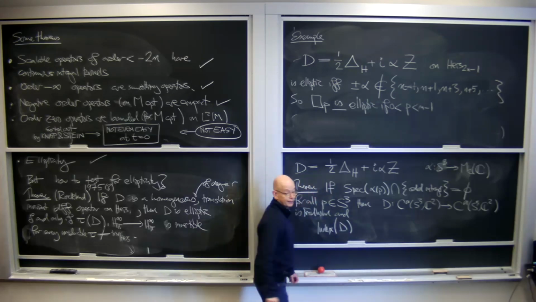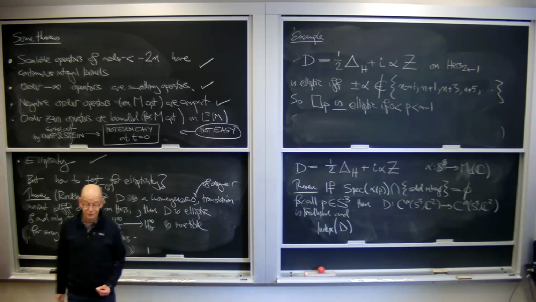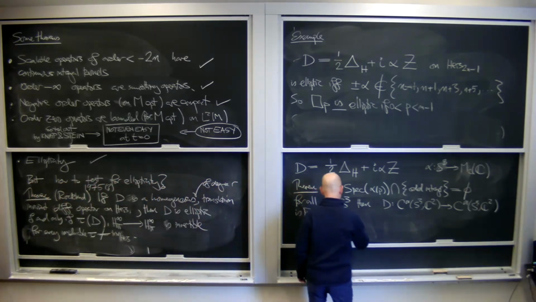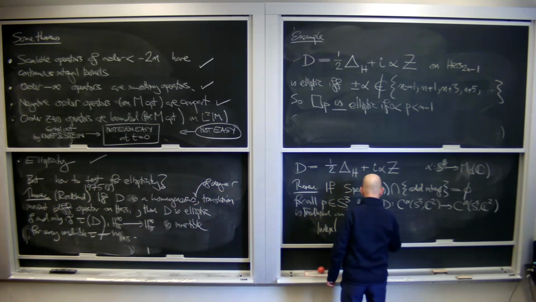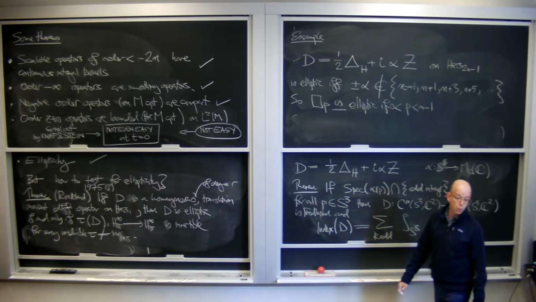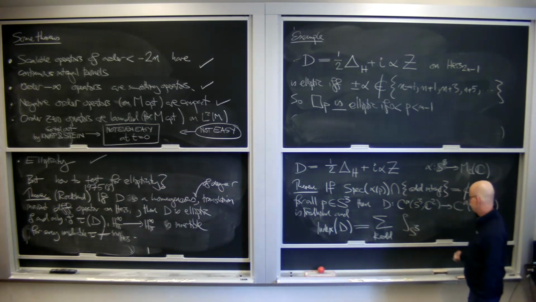And there's a formula for the index, and because this is such a special case, you can write down what the formula is. It's so nice that I'll just do it. There's a sum over the odd integers, and it's a sum of winding numbers like this.